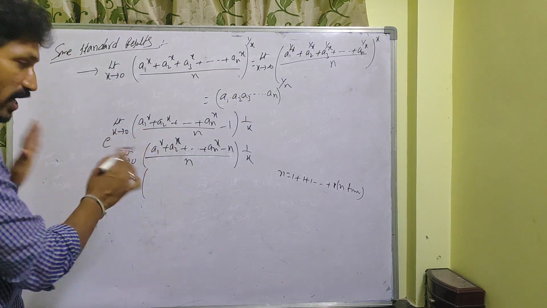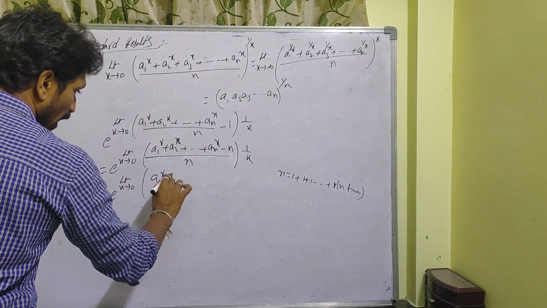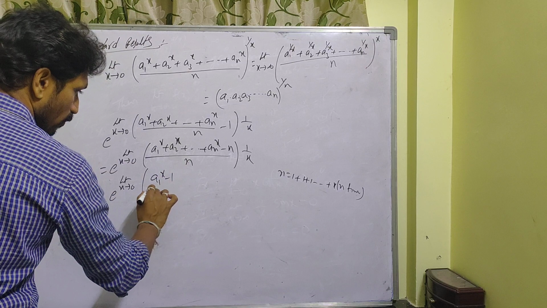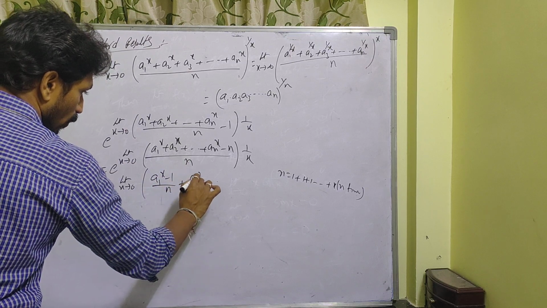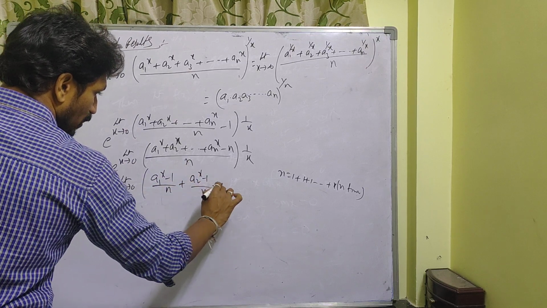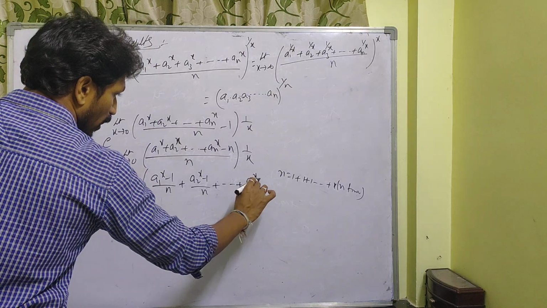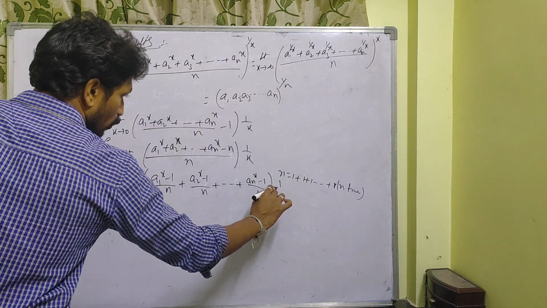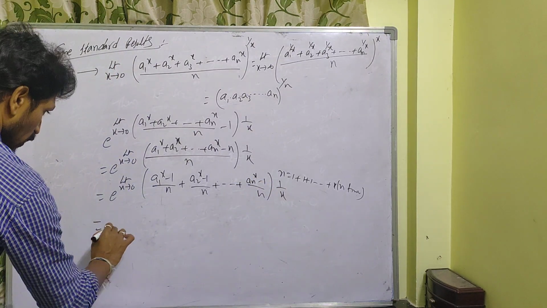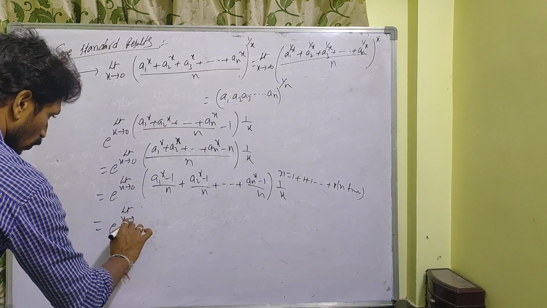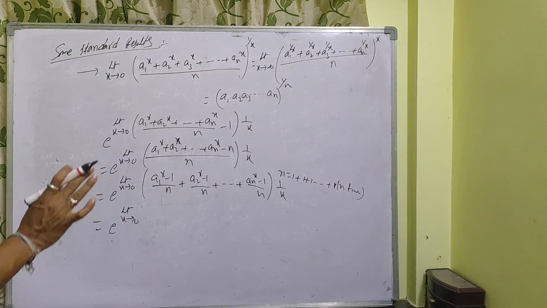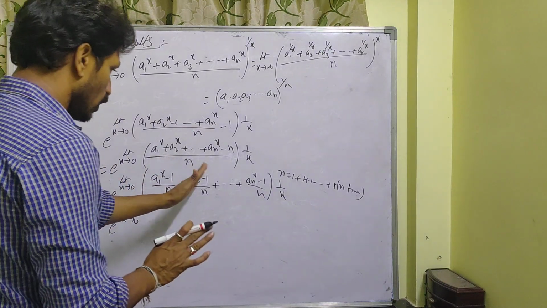So you write separately (a1 power x minus 1) divided by n plus (a2 power x minus 1) by n plus and so on plus (an power x minus 1) by n, into 1 by x. See, this is e power limit x tends to 0. And one more type you can write, not like this.